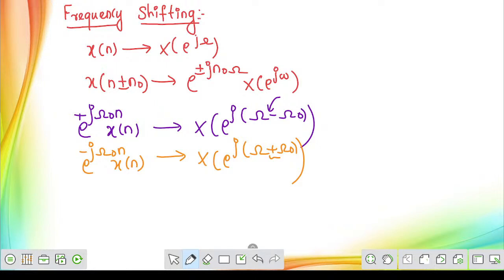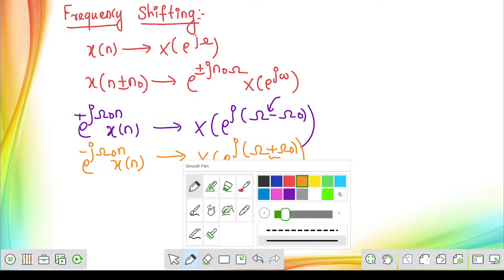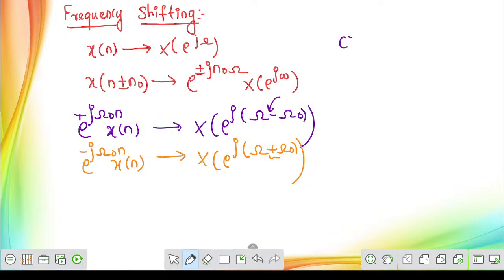Next, let us enter into another most important property, that is the time scaling property. Before writing that formula, I would like to ask you, we have seen in the continuous time Fourier transform, when I was discussing it in the last class, I wrote the formula like this: if I have a signal x of t, its corresponding Fourier transform can be written as X of j omega.